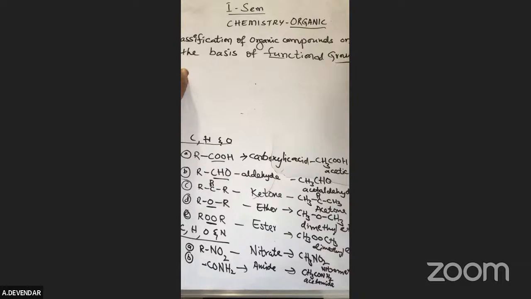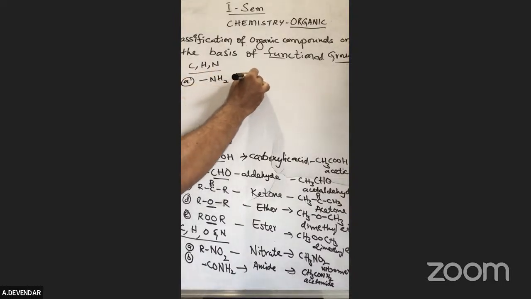The fourth classification is carbon, hydrogen, and nitrogen. These are the three; I'm removing the oxygen. Simply, this is called amine.